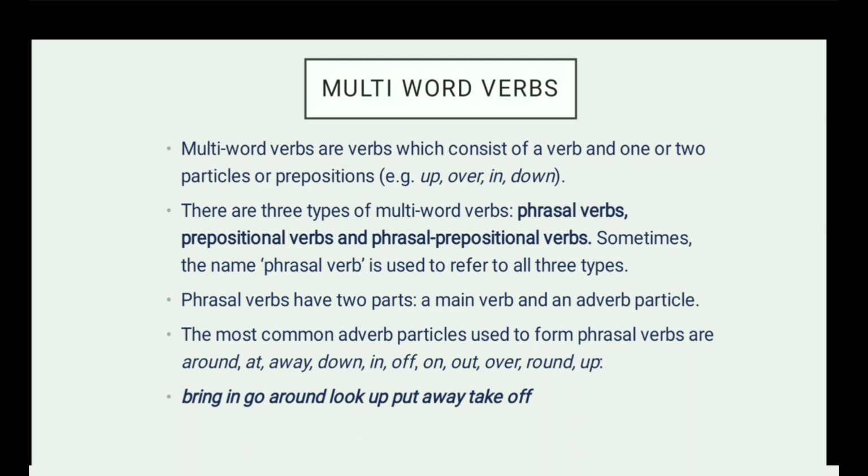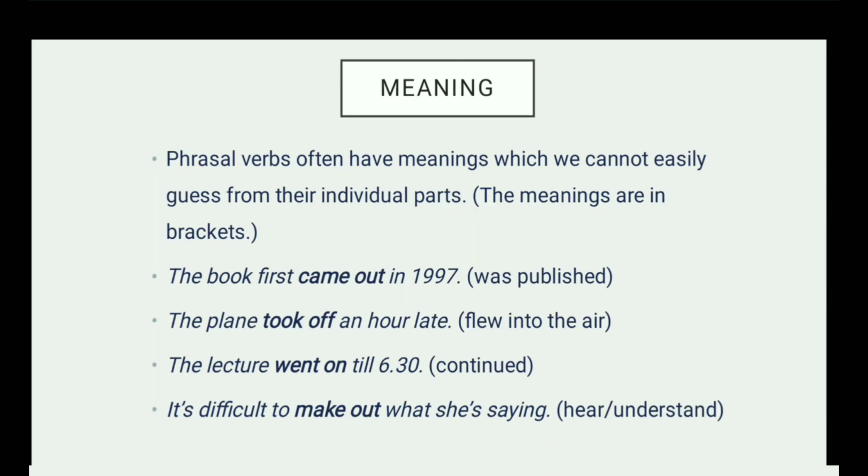The most common adverb particles used to form phrasal verbs are around, at, away, down, in, off, on, out, over, round, and up. Phrasal verbs often have meanings which we cannot easily guess from the individual parts.